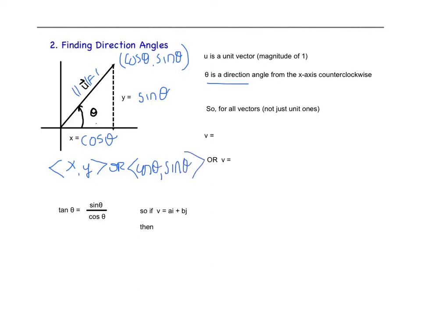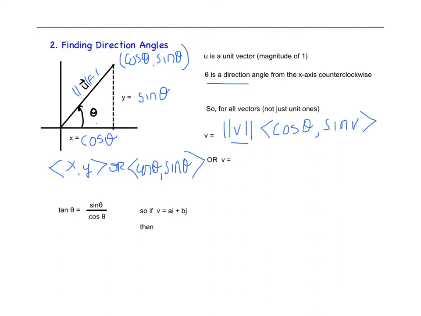So for v, we would write the magnitude of v times the component vector ⟨cosine theta, sine theta⟩, where the magnitude is a scalar. Remember that? Just a regular number.